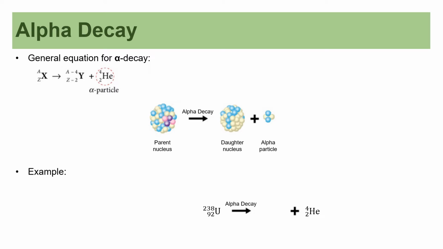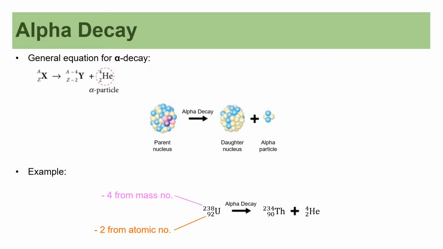To show this, we subtract 4 from the mass number and 2 from the atomic number. As a result, we get an element with mass number 234 and atomic number 90.